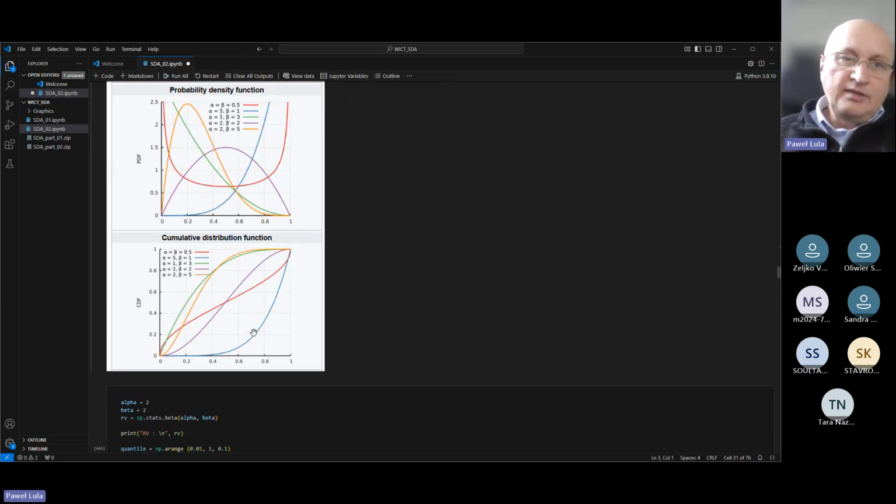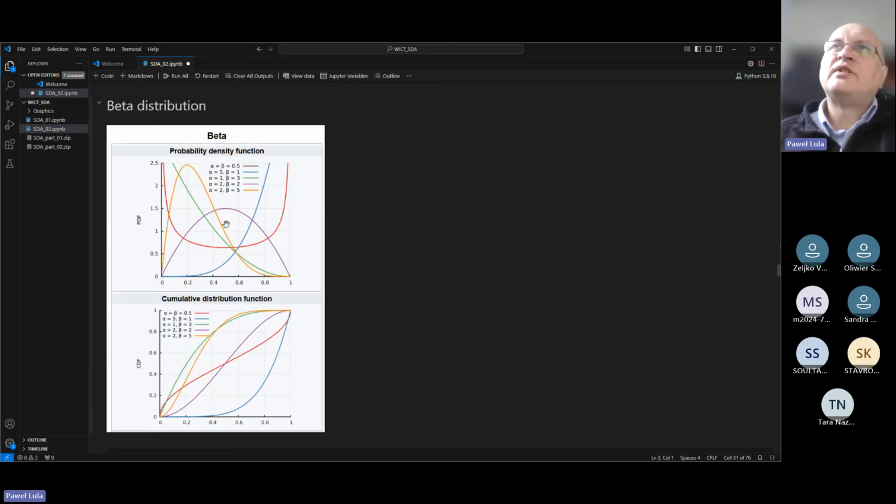And it is very important because therefore this beta distribution can be used for describing probabilities. Because we know when we are talking about probability, probability is always from 0 to 1.